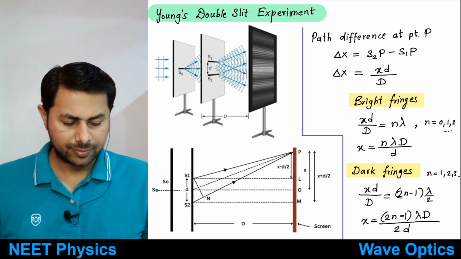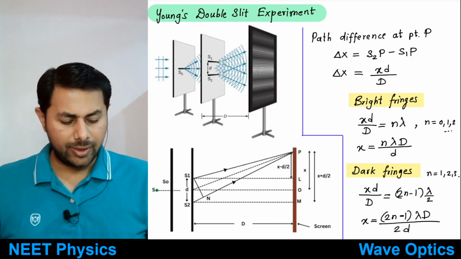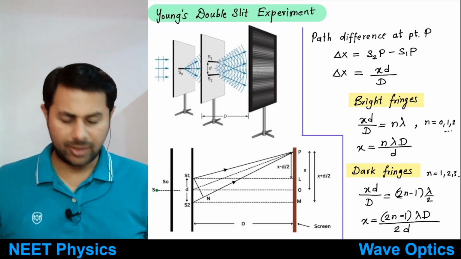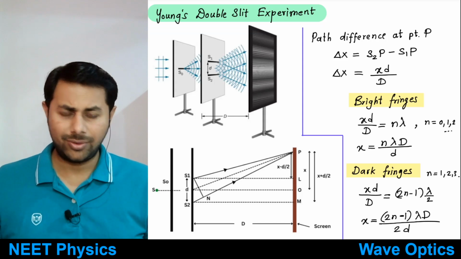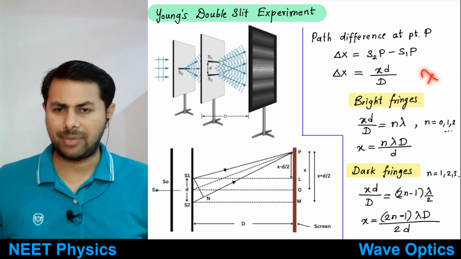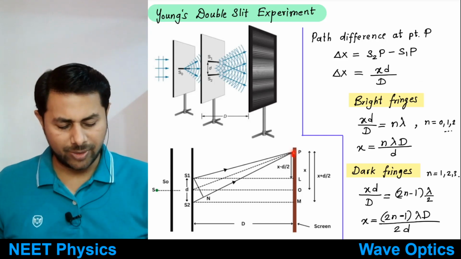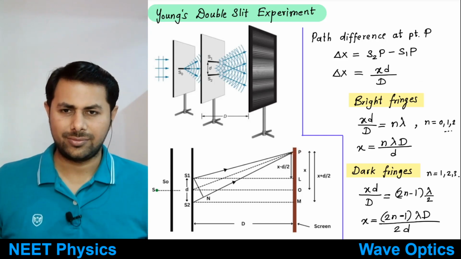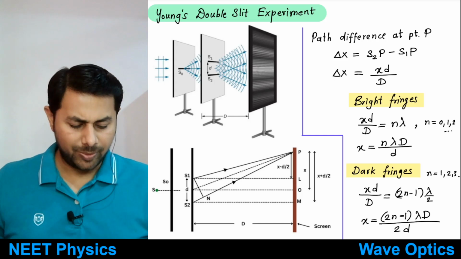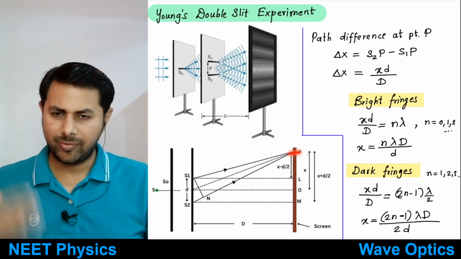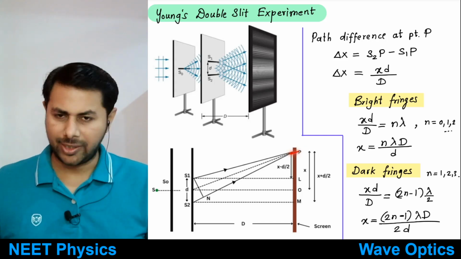Okay. So now if this path difference is equal to 0, lambda, 2 lambda, then there would be constructive interference and this point would be bright. Suppose the nth bright fringe is formed at this point.